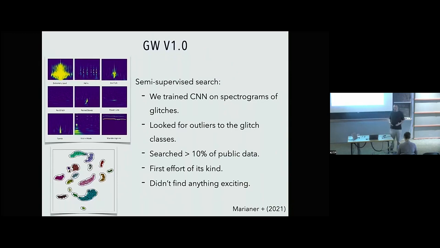It worked, but it was very insensitive, and the reason is that the glitches are very loud. They're very bright sources, and when you train on very bright sources, it's difficult to be sensitive to faint things, which is why we switched to using the background noise. Glitches, we'll just find the glitches, but they won't be coincident and they will be different. We find them. I don't think they're a problem.